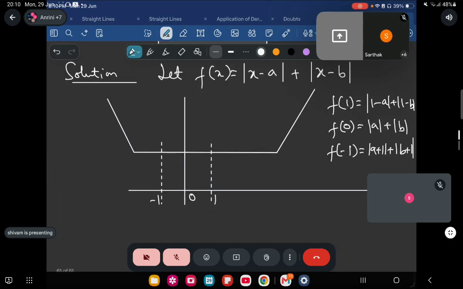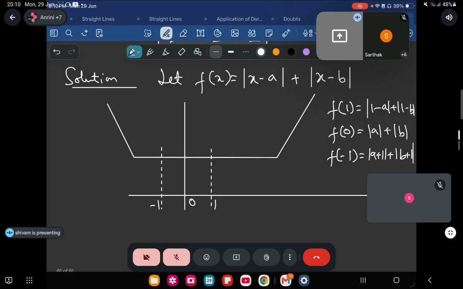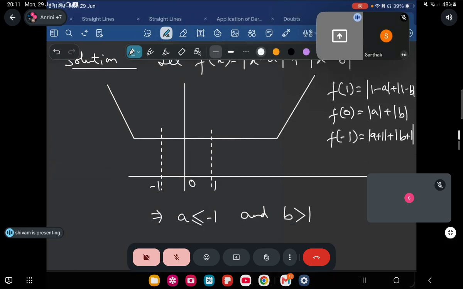Okay. So from here, can I say that a is less than or equal to -1 and b is greater than or equal to +1? Yes or no? So what is the minimum value of a minus b?